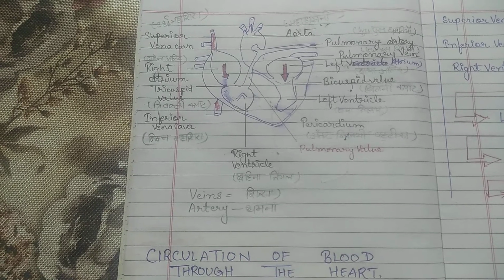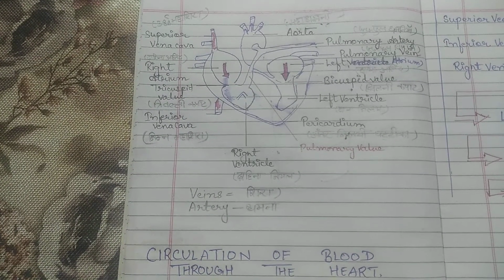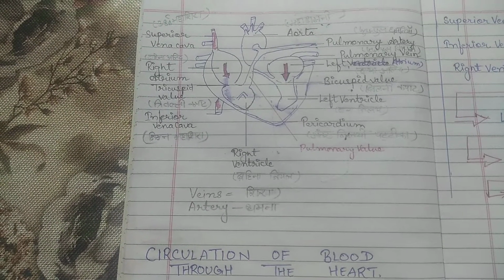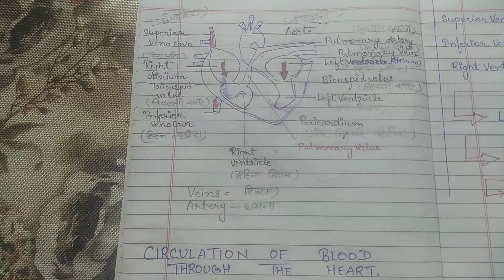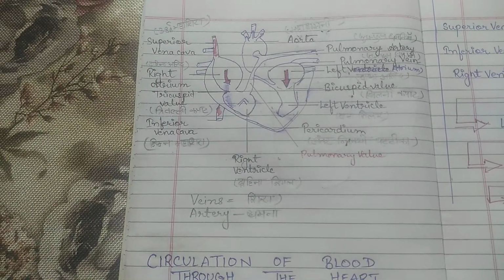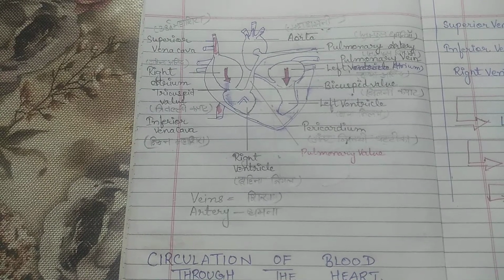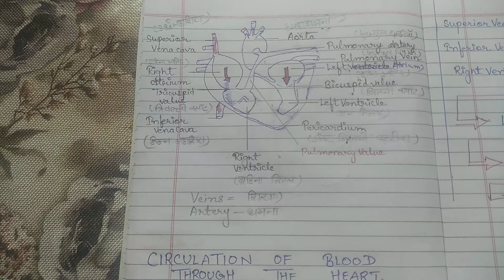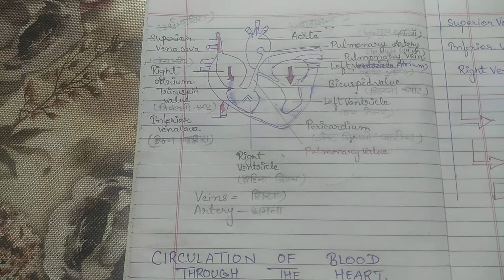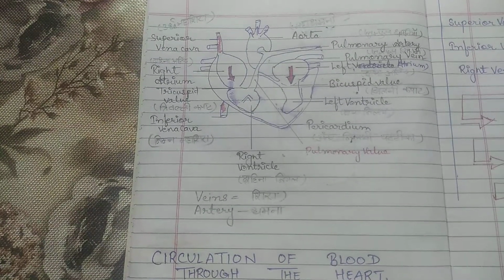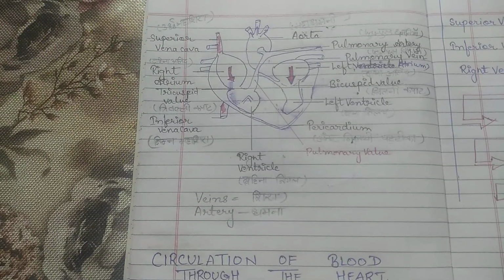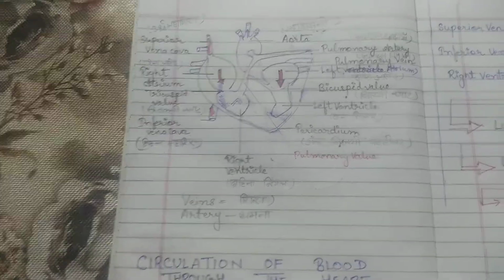Okay, right atrium. As I have said earlier, there are 4 chambers: right atrium, left atrium, right ventricle, left ventricle. So when deoxygenated blood enters through the superior vena cava and the inferior vena cava, the blood comes to the right atrium, and then from the right atrium it goes to the tricuspid valve.